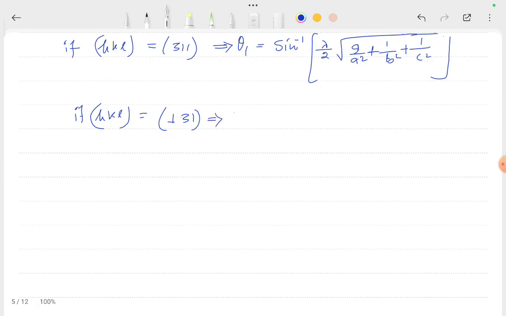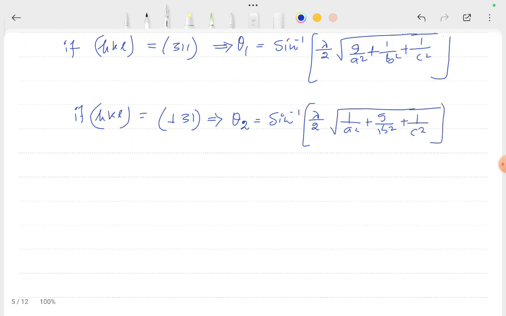So then we get another peak at position theta 2, equal to sine inverse of lambda by 2 into 1 by the square root of 1 by a square plus 9 by b square plus 1 by c square.